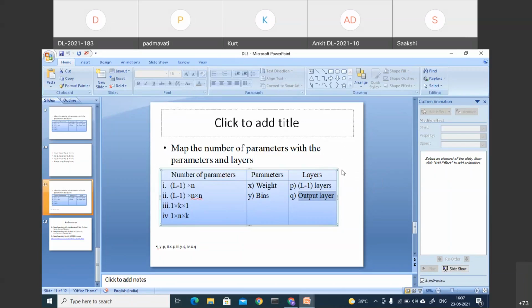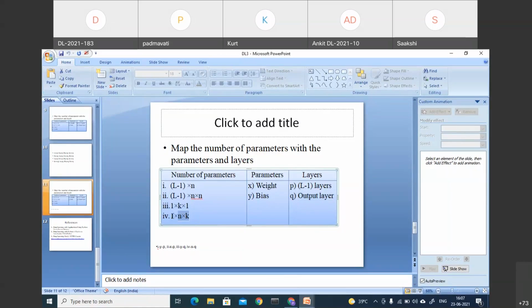So what should be the dimensionality of the bias term? The bias term should be 2 cross 1. One bias term will be passed to the first output neuron, and the second bias term will be passed to the second output neuron.